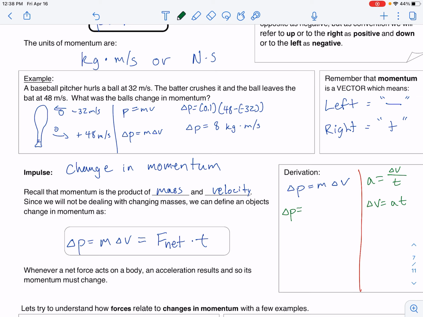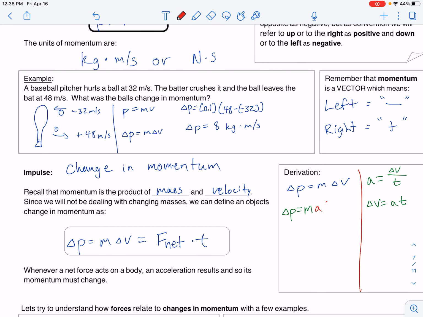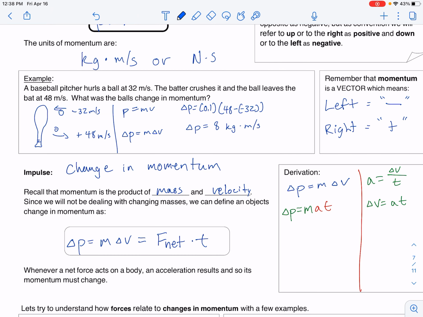Change in momentum is going to be mass times acceleration times time. Now look here. We have mass times acceleration. Think about what do we get when we have mass and acceleration.